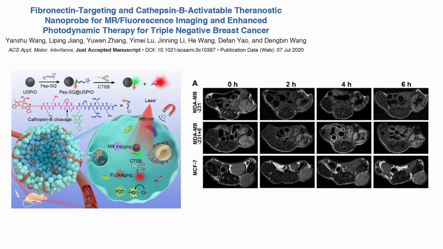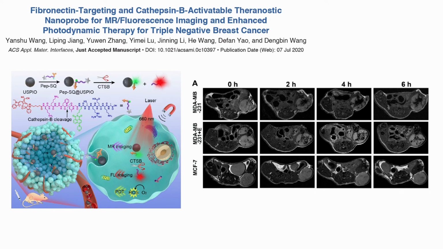Now for my last example, I've picked an example of a recently published manuscript where these authors used ultra-small iron oxide nanoparticles conjugated to a photosensitizer called squaraine, which also had a fibronectin targeting peptide attached to it.